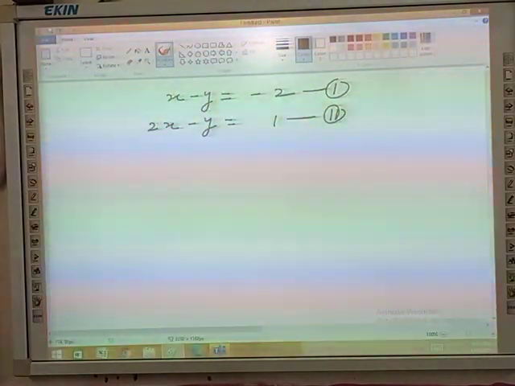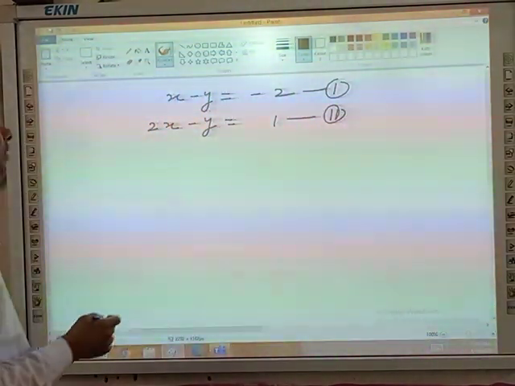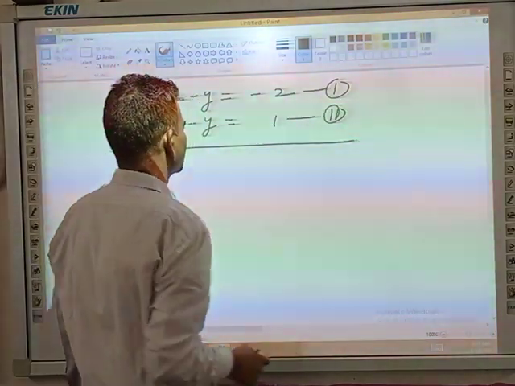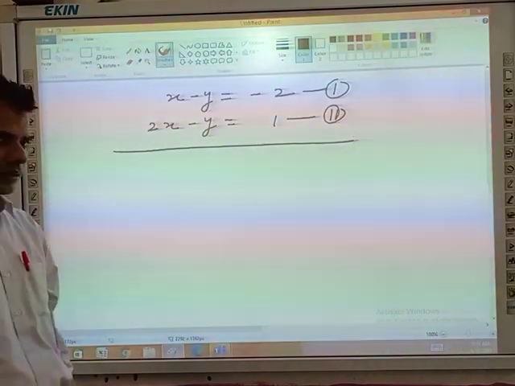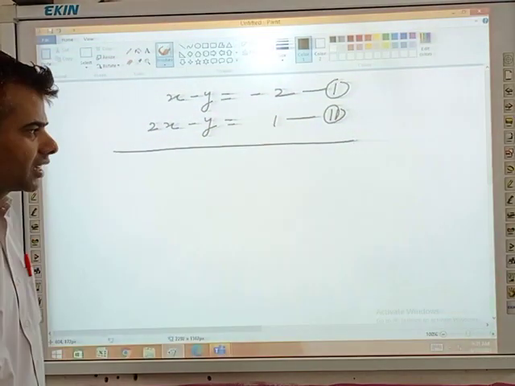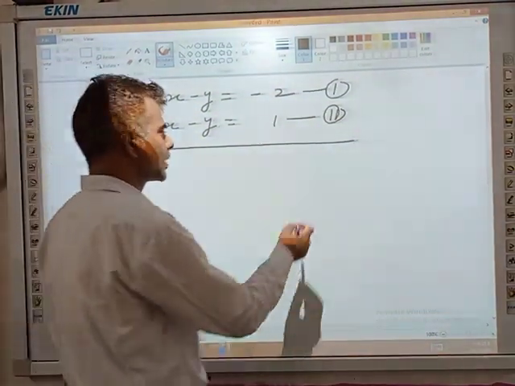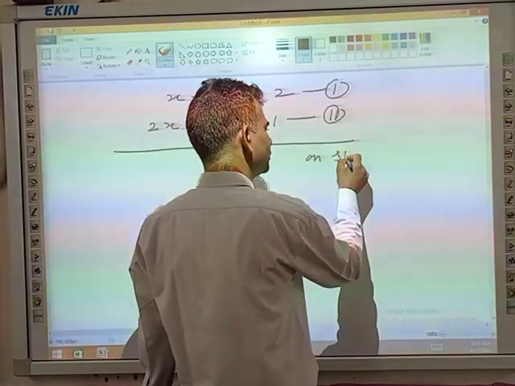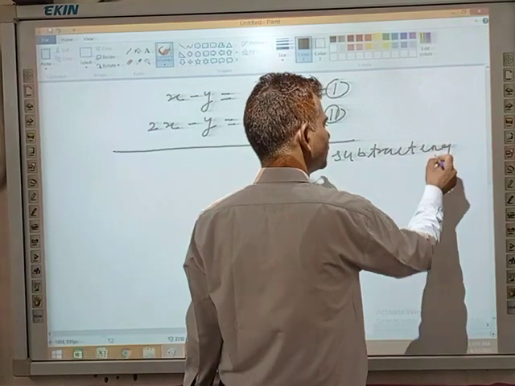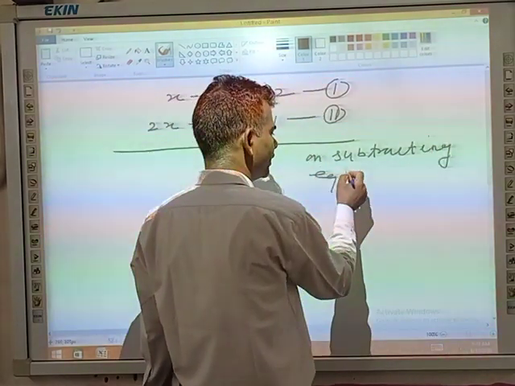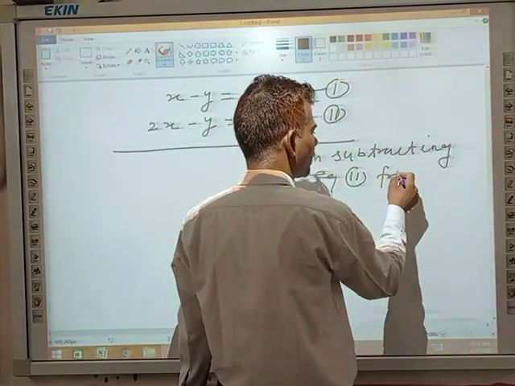Students, we will solve this pair of linear equations by using the elimination method. Here we observe that the coefficients of y are equal and the signs are the same. So on subtracting equation second from equation first.